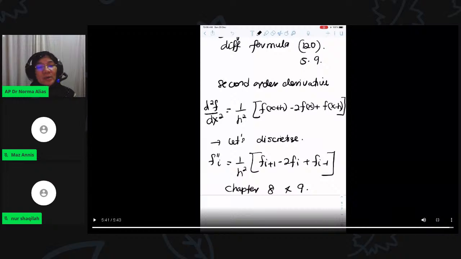You can write all the points x + h as i + 1, and all the points x - h as i - 1. Why? Because in chapter 8 and chapter 9, you can go and check, they all use i, j. We do not put it in coordinate form, because sometimes it is not easy to remember.